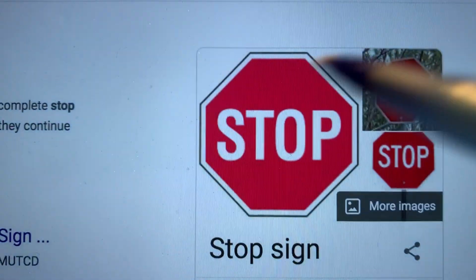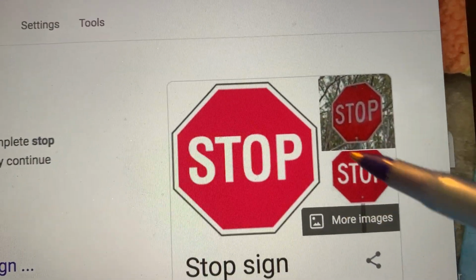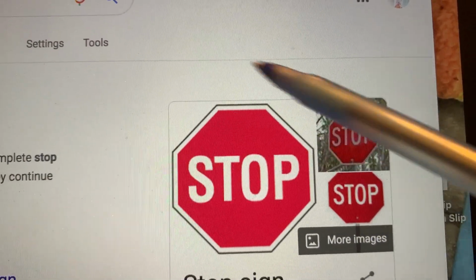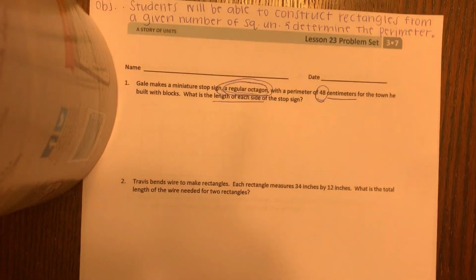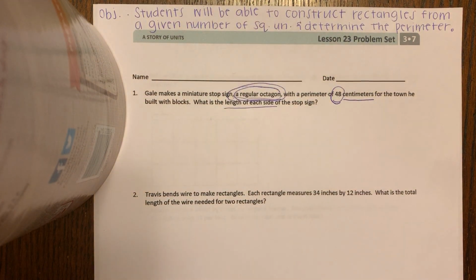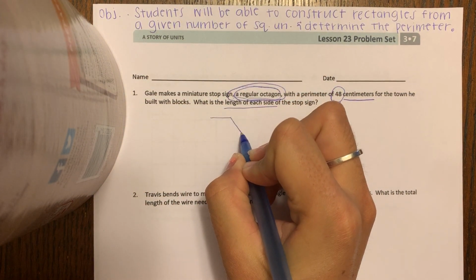If I was looking right here, it would just want us to find what this is or what this is. But we do not want to find the entire thing because it's already done that for us. So I'm going to do the best I possibly can to draw an octagon. Please try to do it with me.